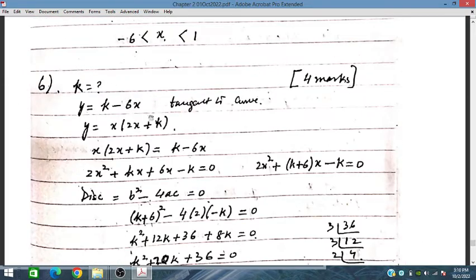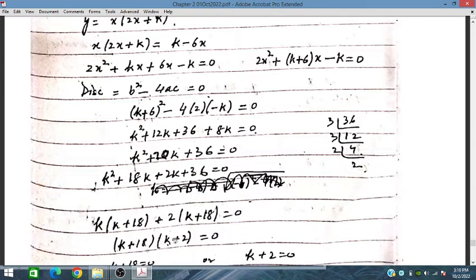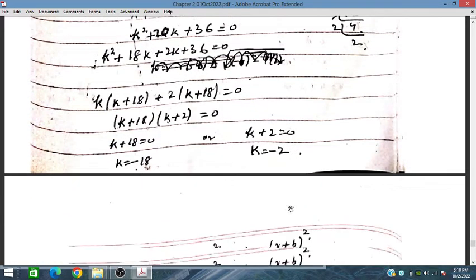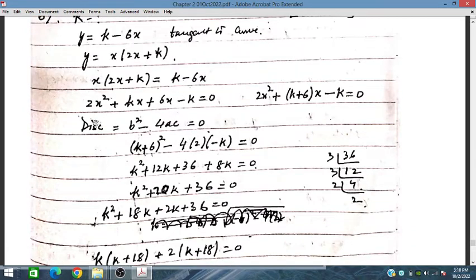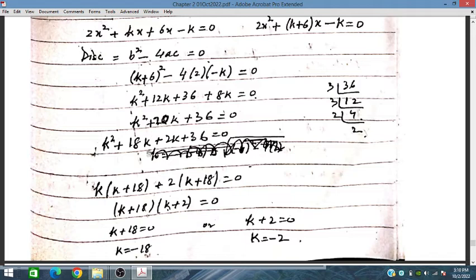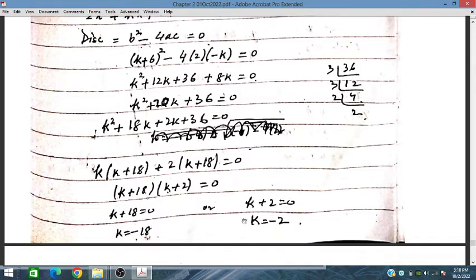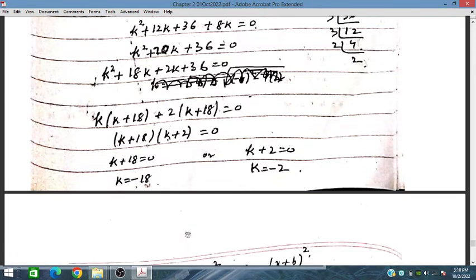We have these two equations. The discriminant is 0 for which the value of k is obtained, minus 18 and minus 2. This is the solution. We equate these, and from this single quadratic equation we apply discriminant equals 0 for the tangent condition, and from there we obtain two different possible values of k.